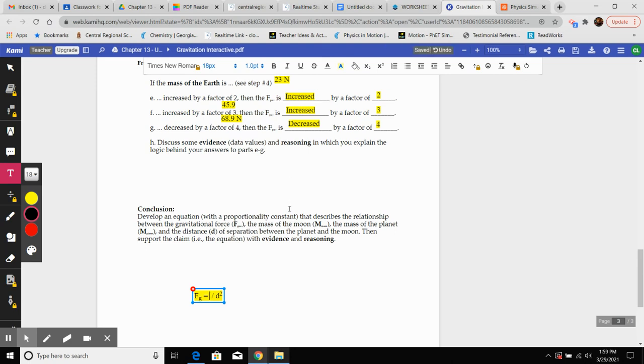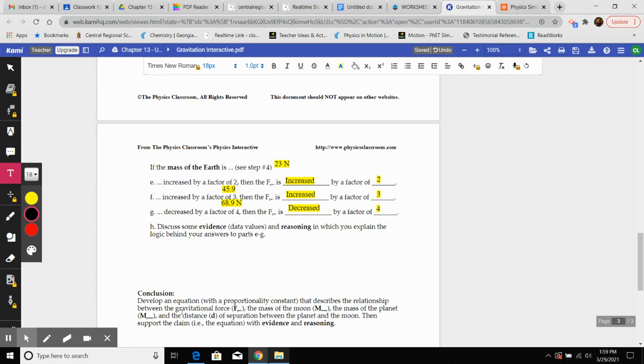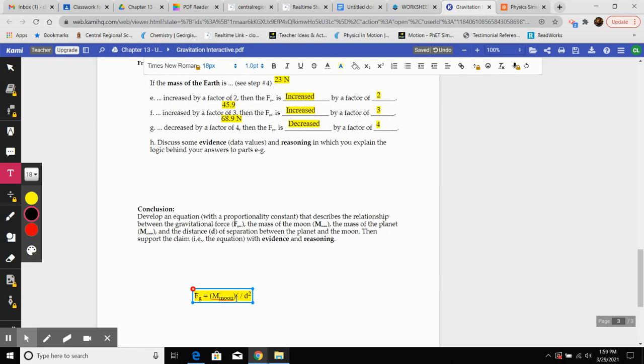So we have the mass of the moon, M sub moon, times the mass of the Earth, M sub Earth, or planet.